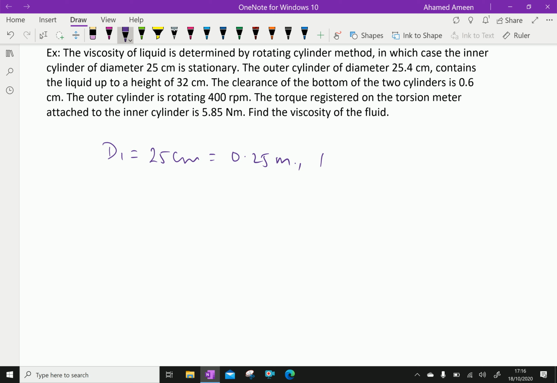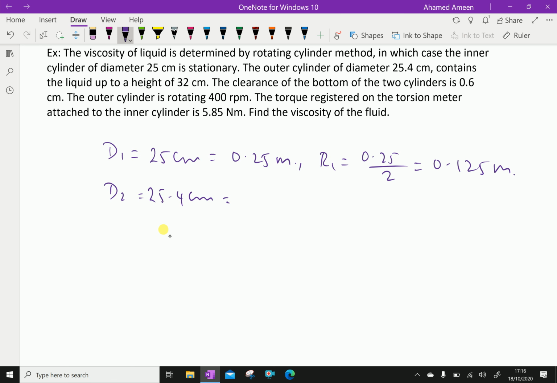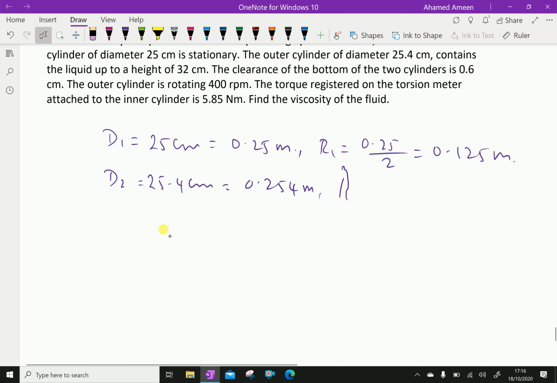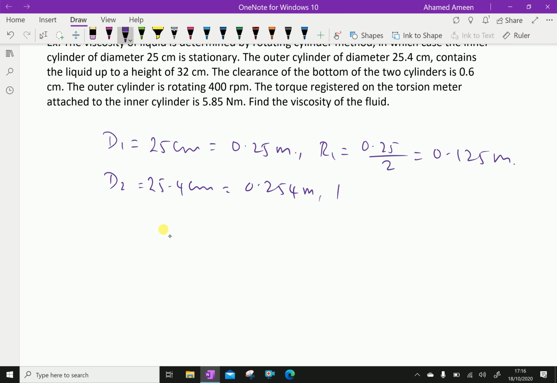Therefore the inner radius R1 is 0.25 by 2, which is 0.125 meter. Like that, the outer cylinder diameter D2 is 25.4 centimeter, which is 0.254 meter. Therefore the outer radius R2 equals 0.254 over 2, which equals 0.127 meter.